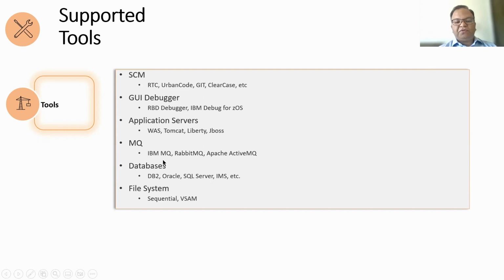Messaging queues are also supported: IBM MQ, RabbitMQ, Apache ActiveMQ. We also provide support for a lot of databases. DB2 I've talked about. We provide support for Oracle, SQL, IMS, etc. We also support file systems, sequential files, and VSAM files on the mainframe side. So these are a few of the tools and supports that we get with our RBD.